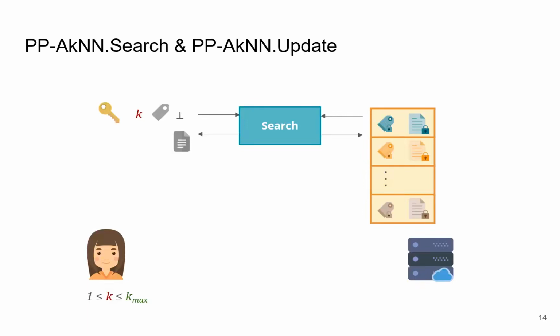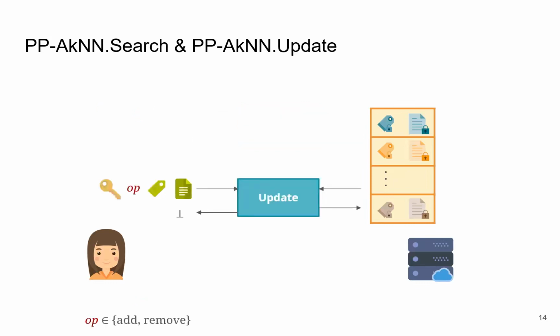For the search algorithm, the client will input her secret key, a secret parameter k that is from 1 to kmax, and her query tag. The server will input the encrypted database. At the end of the search algorithm, the client will receive the response, and the server will update the encrypted database.